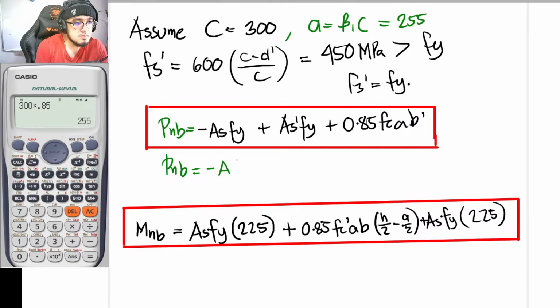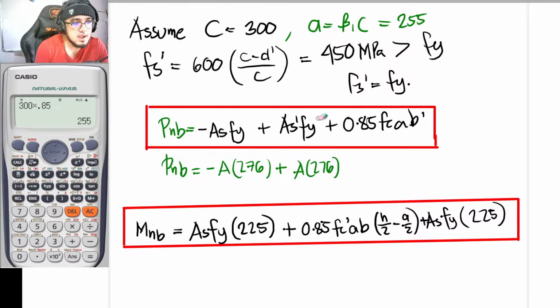What I did a while ago is that I stored A here for your AsFy, so times 276, plus, since they are the same, A times 276. By the way, guys, this should be Fs, not Fy.